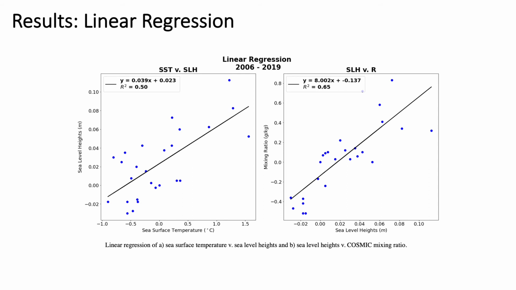So then we were looking at, okay, if those two are related, as with the expansion and compression of the ocean water due to the heating or cooling, how much does that influence the mixing ratio? So we took the height field, the sea level height, and compared it with the mixing ratio for cosmic, and you got a 0.65 regression coefficient.